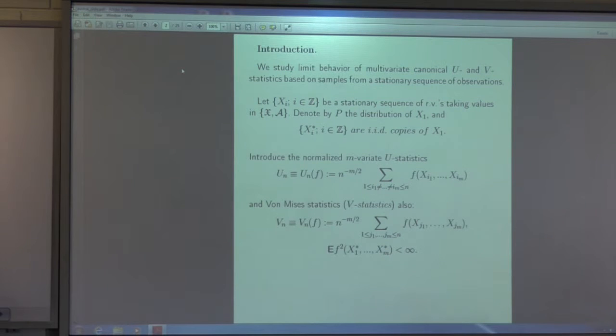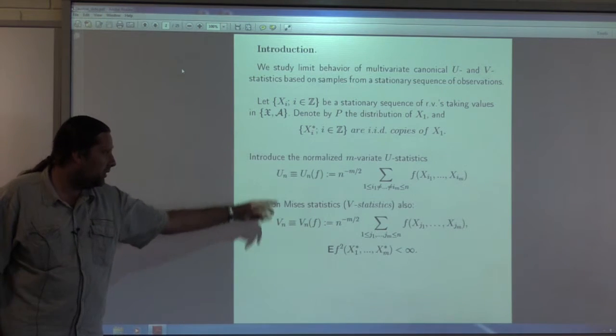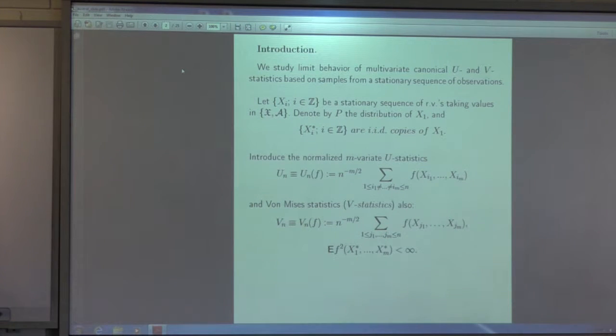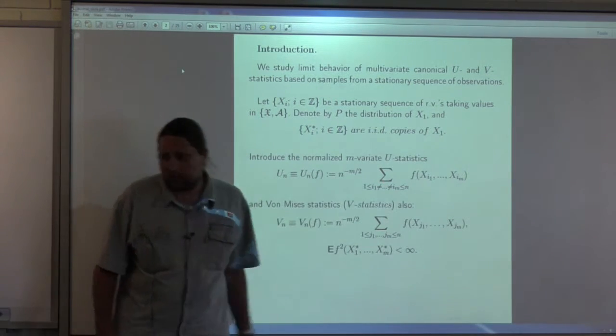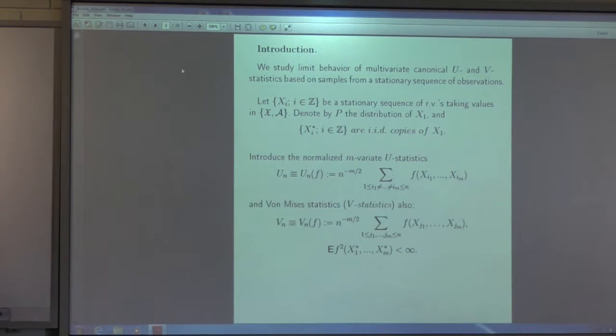So, the objects I want to talk about are so-called V statistics, defined here. V statistics are generalizations of sums of random variables. Here, X, Y are random variables from a stationary sequence of observations.